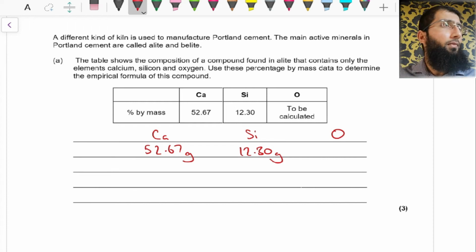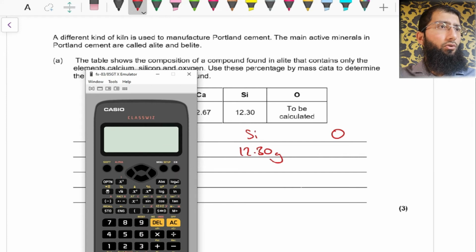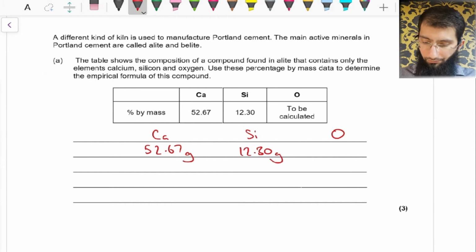So let's do that. 100 minus 52.67 plus 12.30 gives us a value of 35.03. So that's 35.03 grams of oxygen.